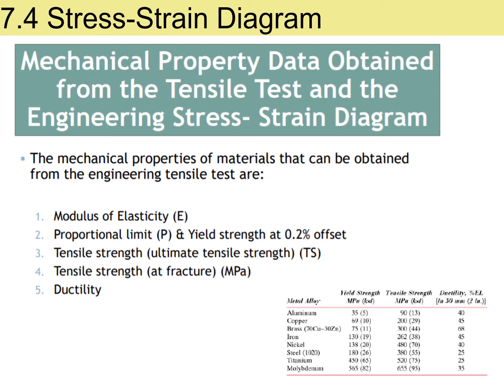Mostly the most common mechanical properties are the modulus of elasticity, the proportional limit denoted by P, the yield strength at the 0.2% offset, the tensile strength, what we also call the ultimate tensile strength denoted by TS, and the tensile strength at fracture, with the unit of megapascal, and lastly, ductility.